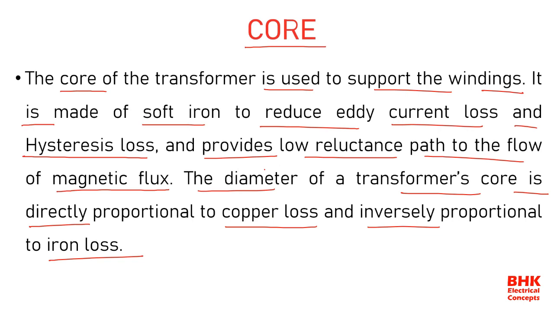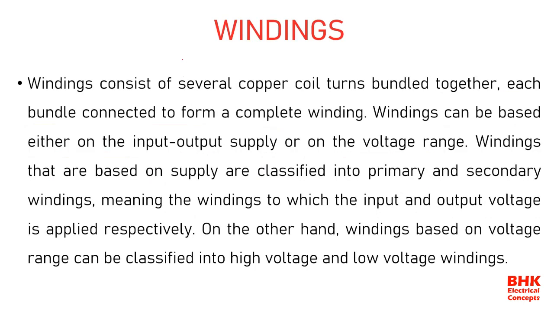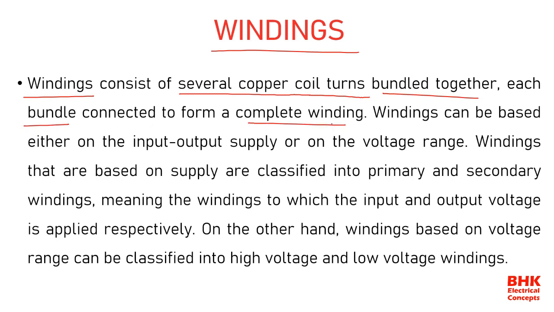Now point number 2. The first thing is the core, and the second part is the windings. Windings consist of several copper coil turns bundled together, and each bundle is connected to form a complete winding.